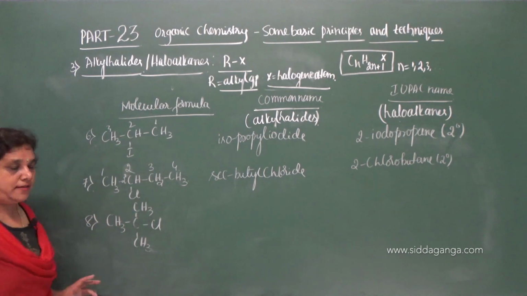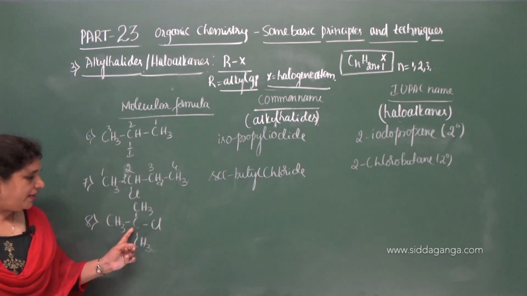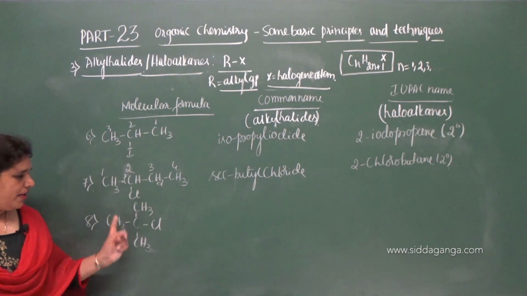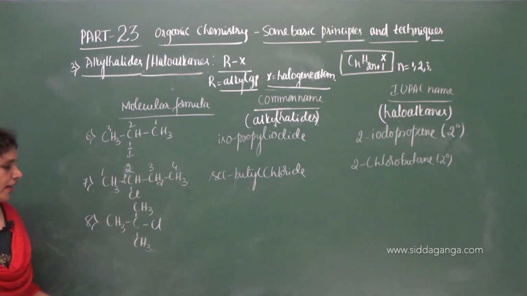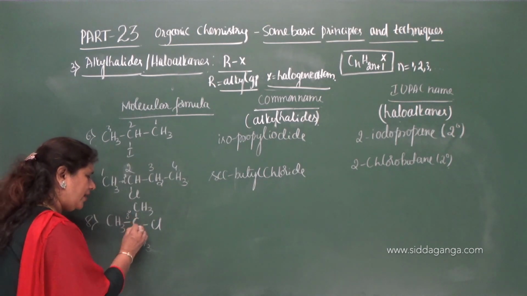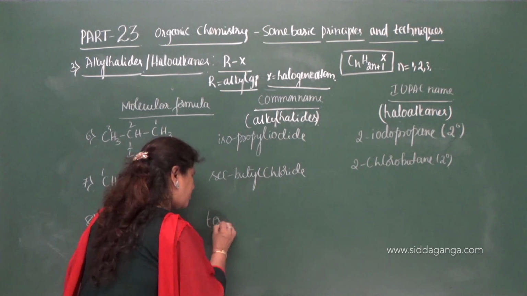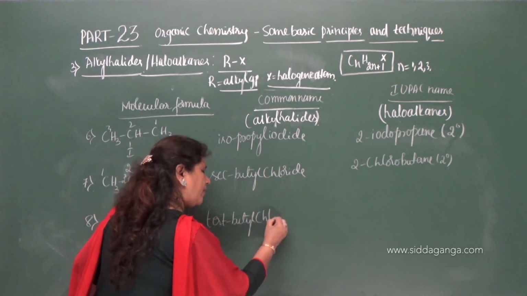4 carbon atoms are there, 1, 2, 3, 4. No doubt it is butyl, but there is one tertiary carbon, and hence the vacant bond is at the tertiary carbon, 1, 2, 3. This carbon is bonded to 3 other carbon atoms, and hence this is a tertiary carbon. The nature of the carbon is tertiary, and hence it is tertiary butyl chloride.